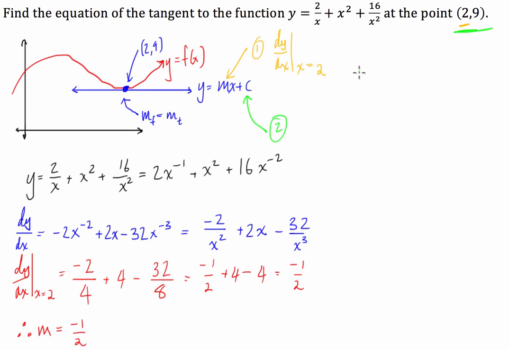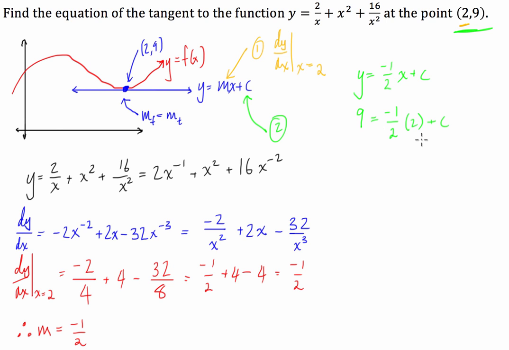We start with y equals, and we sub in m equals negative a half. So negative 1 over 2 x plus c. Now we know that this function has to go through (2, 9). So y has to be equal to 9 when x is equal to 2.